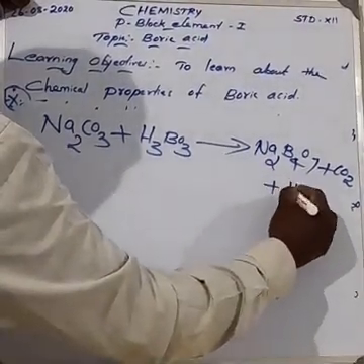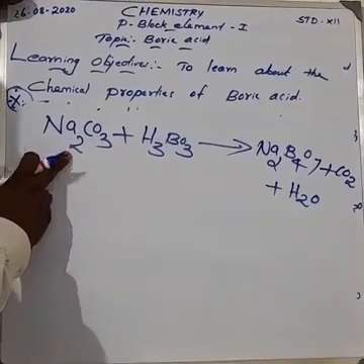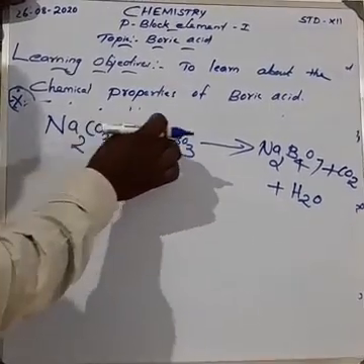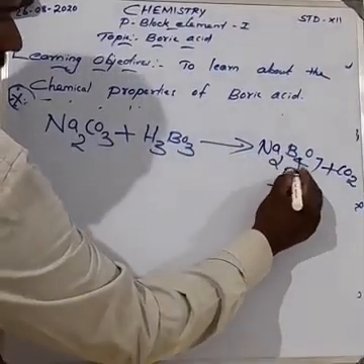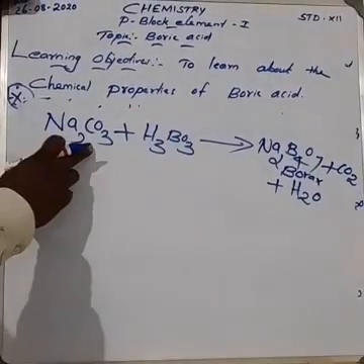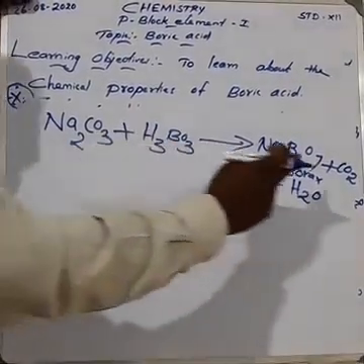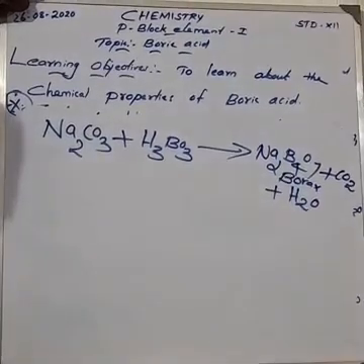First one, sodium carbonate, here the sodium combines with the boron and also oxygen, we get borax. The carbonate is converted into carbon dioxide and also having hydrogen and here having OH to form water.